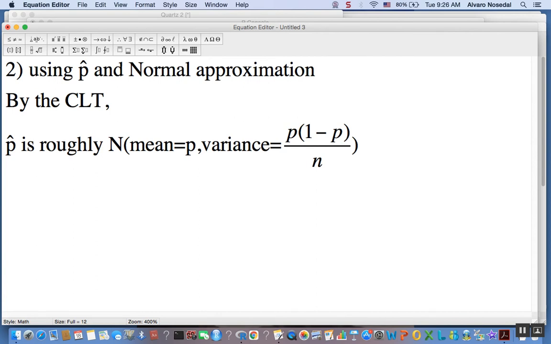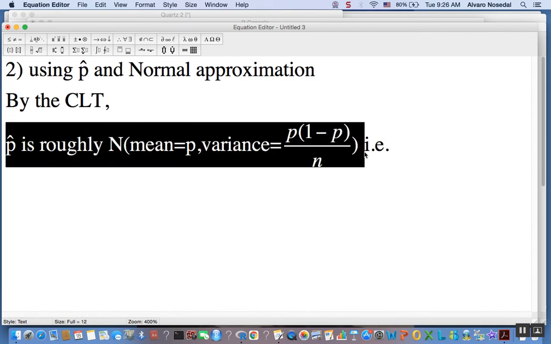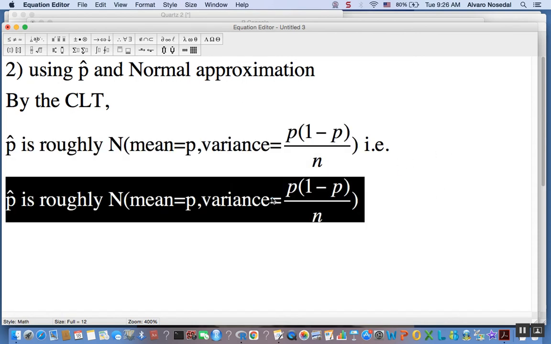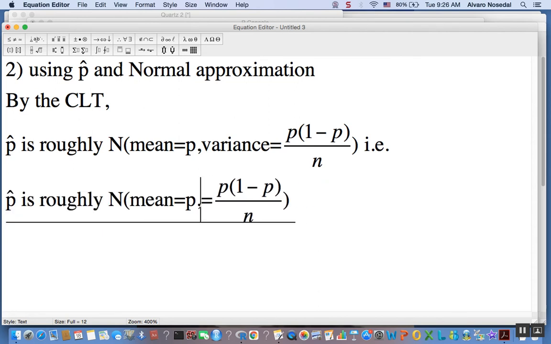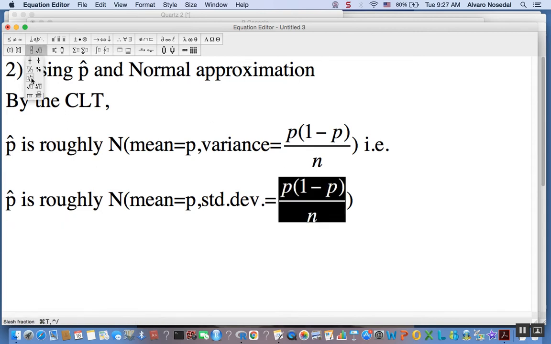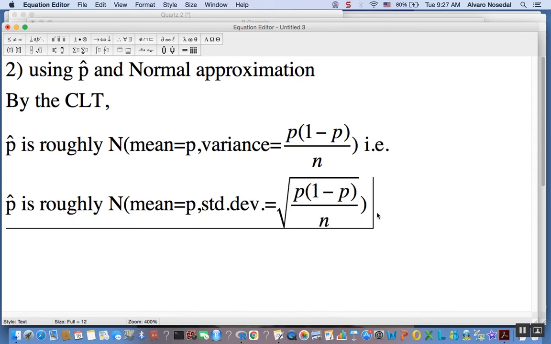And to use that table, you need to standardize this. I'm going to rewrite this in terms of standard deviation, which is the square root of that variance.